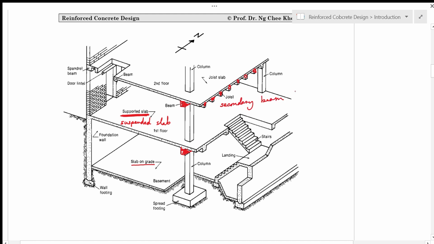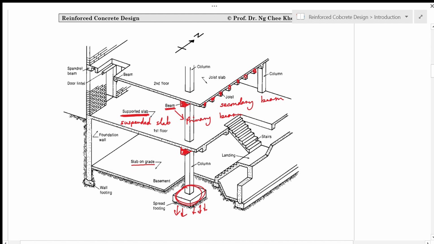This beam here, normally we call the primary beam. All these beams are connected to columns. The beam will transfer the load to the columns, and the columns will transfer the load to the footing here, and the footing will transfer the load into the ground.